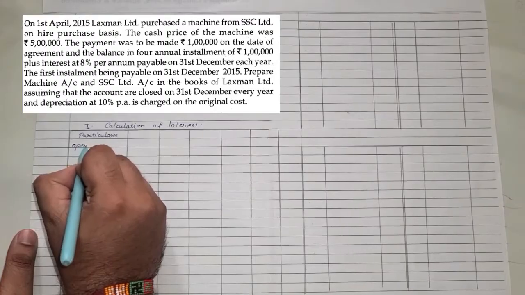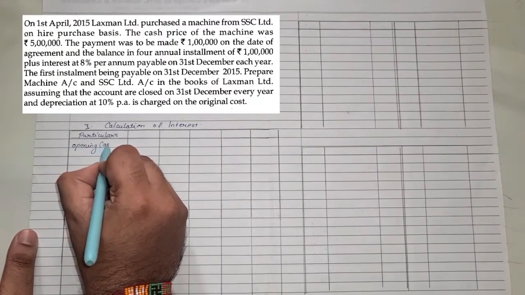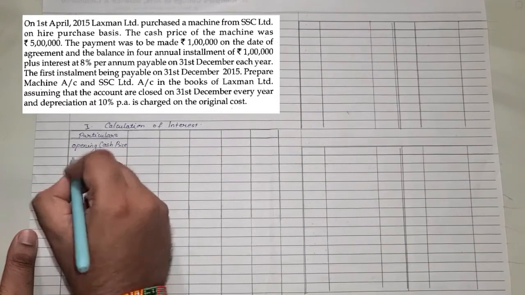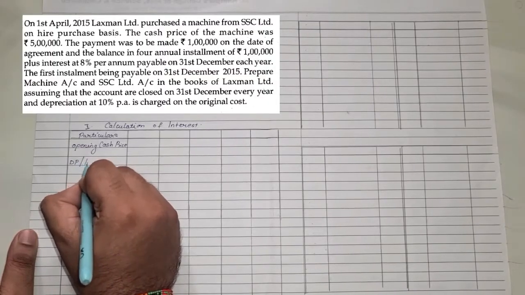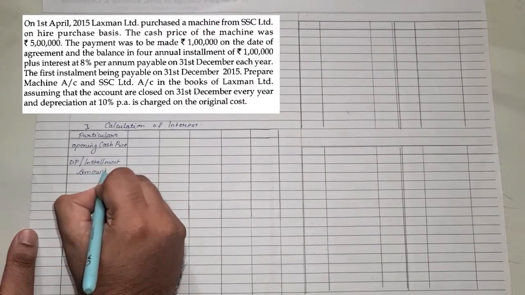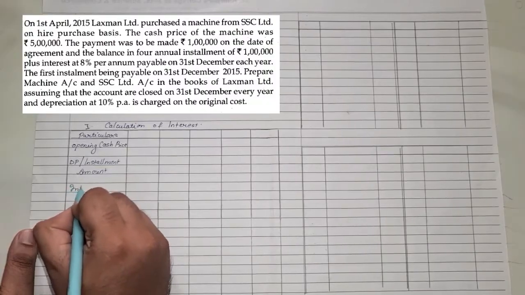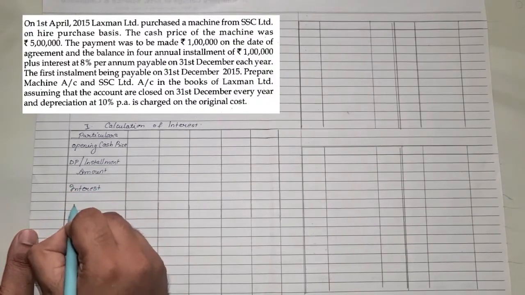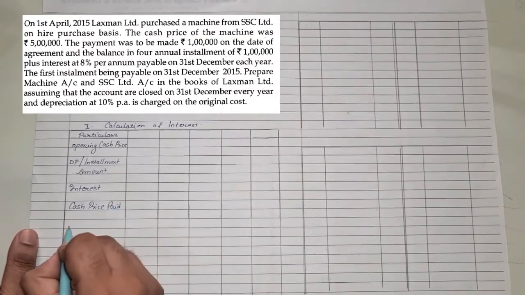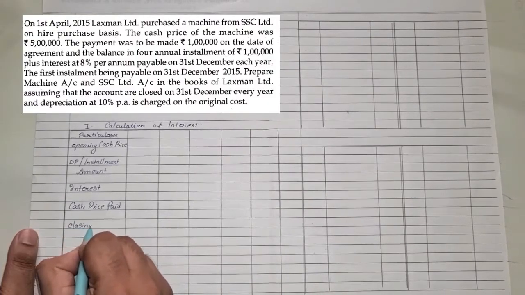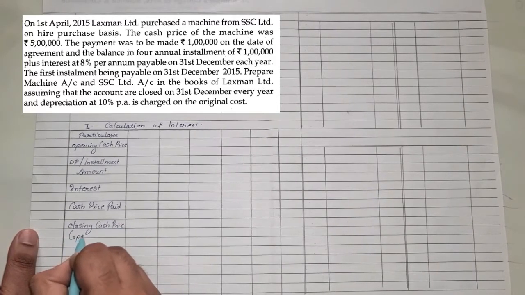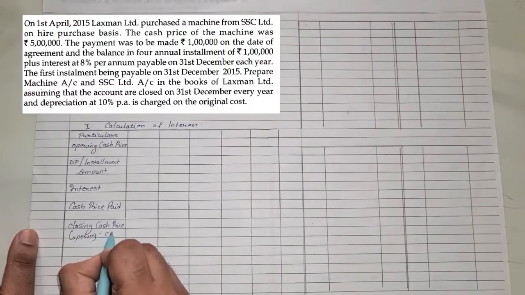So you'll have opening cash price, down payment or installment amount, interest, cash price paid, and closing cash price, which is nothing but opening less cash price paid.